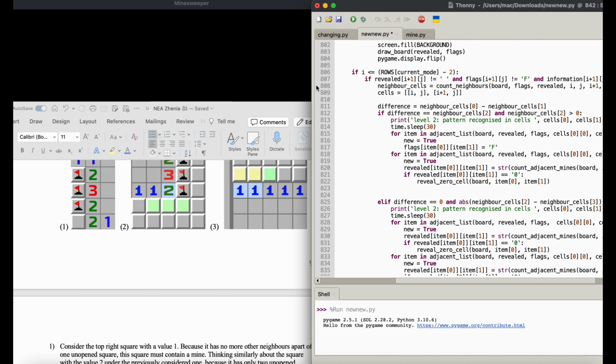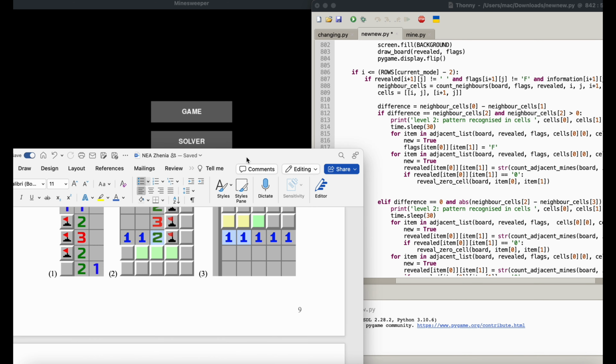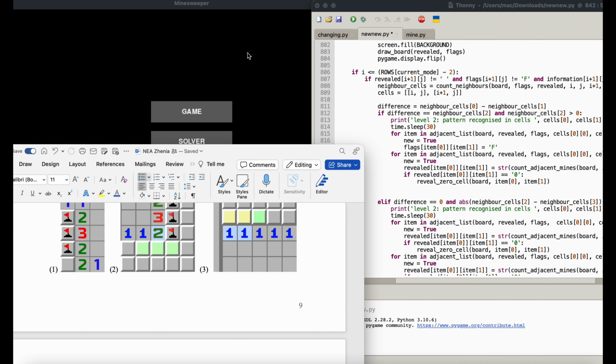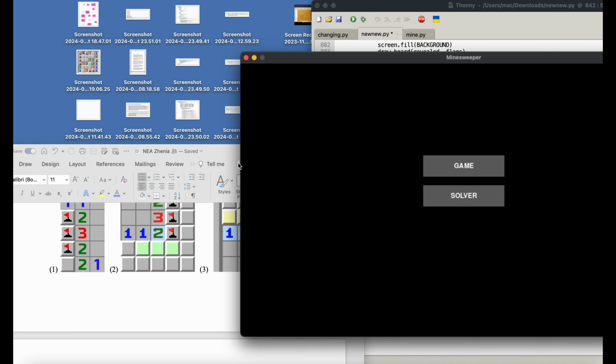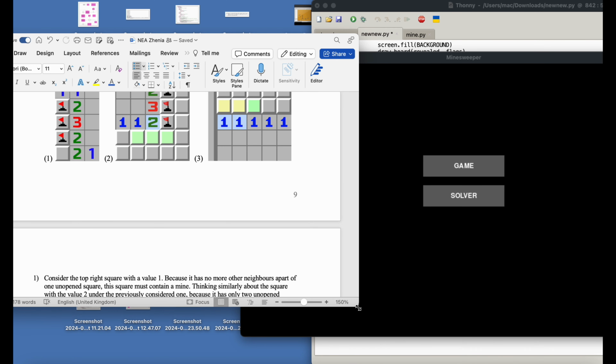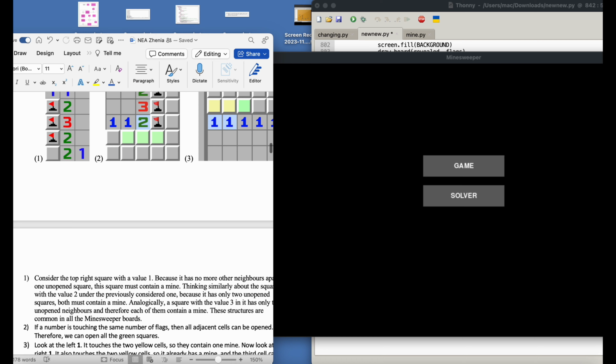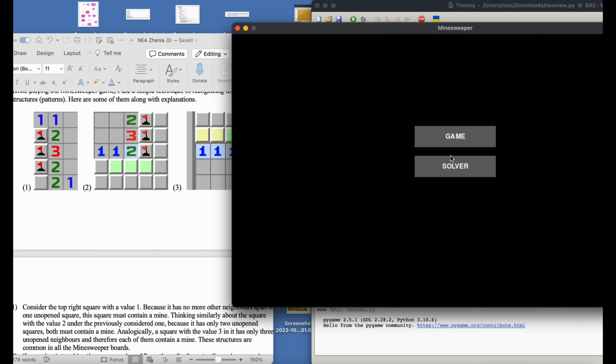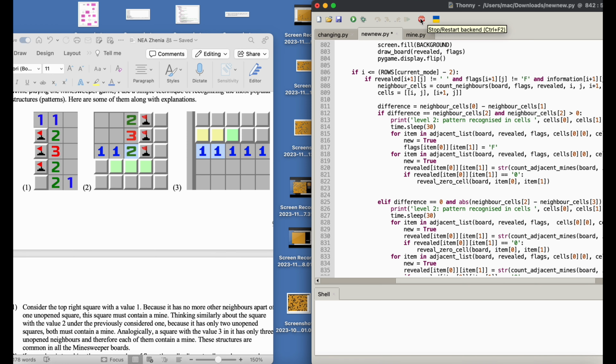And here I put half a minute sleep time. So it's better. Yes, so let's do solver.